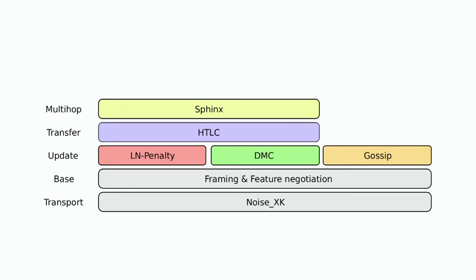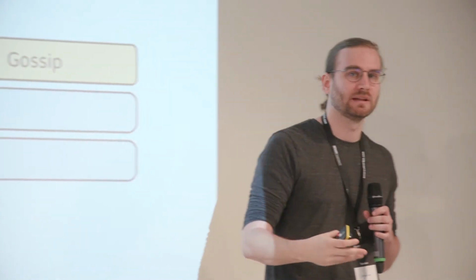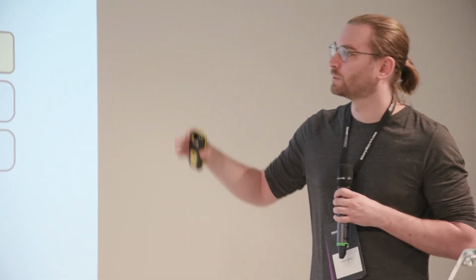Just 10 seconds about the Lightning stack. What I've just told you is basically a small part of the entire Lightning network. We have Duplex micropayment channels, LN-penalty, and eltoo all at the same layer of this stack. But we also have the multi-hop Sphinx layer.